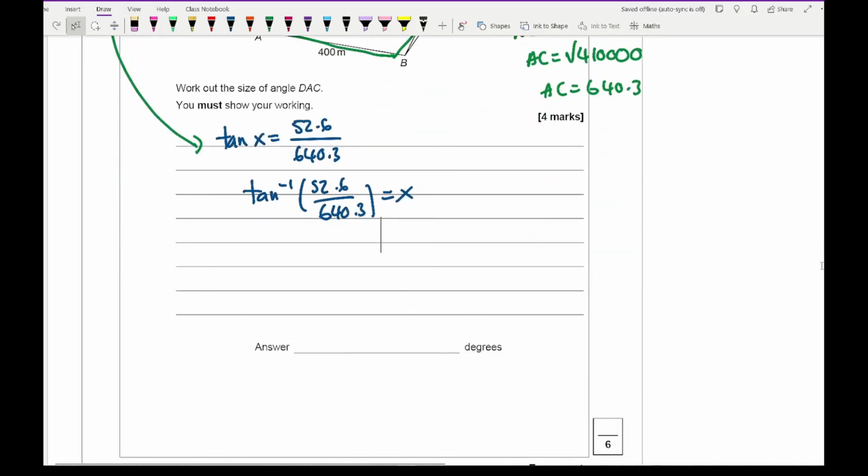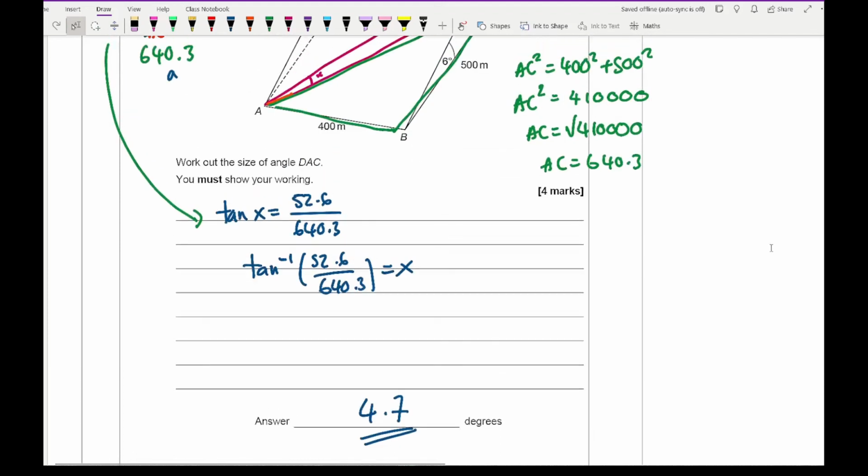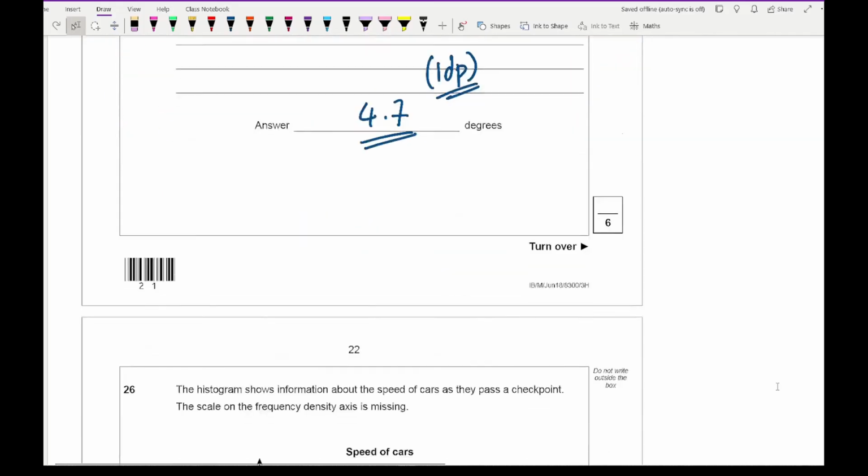And if I type that into my calculator, I get an answer of 4.7. Now, obviously I've used rounded answers for my lengths. If you've used the exact values, your answer might slightly differ, but as long as it's around about 4.7, it should be fine. So if you've got 4.6 or 4.8 to one decimal place, then that is going to be absolutely fine. And remember, if you have rounded, make sure you're stating what you've rounded it to.